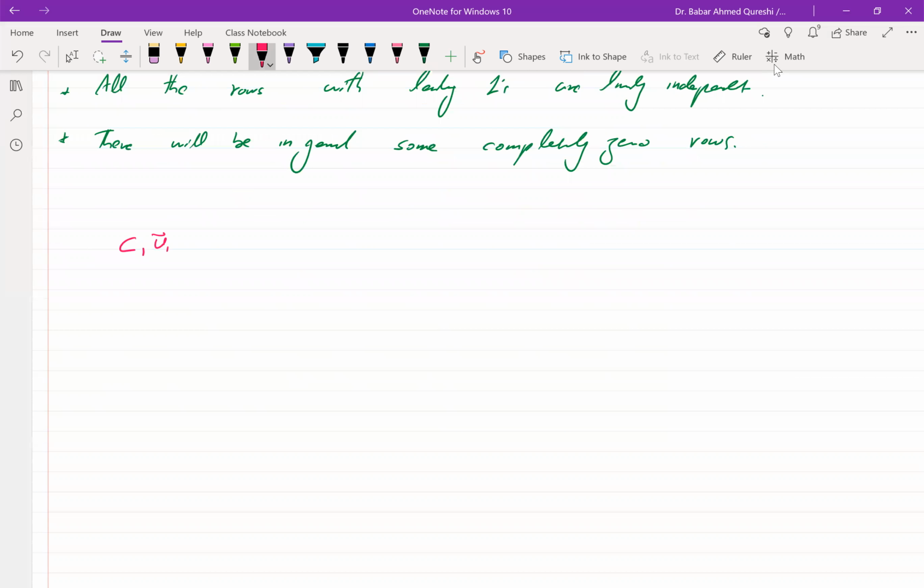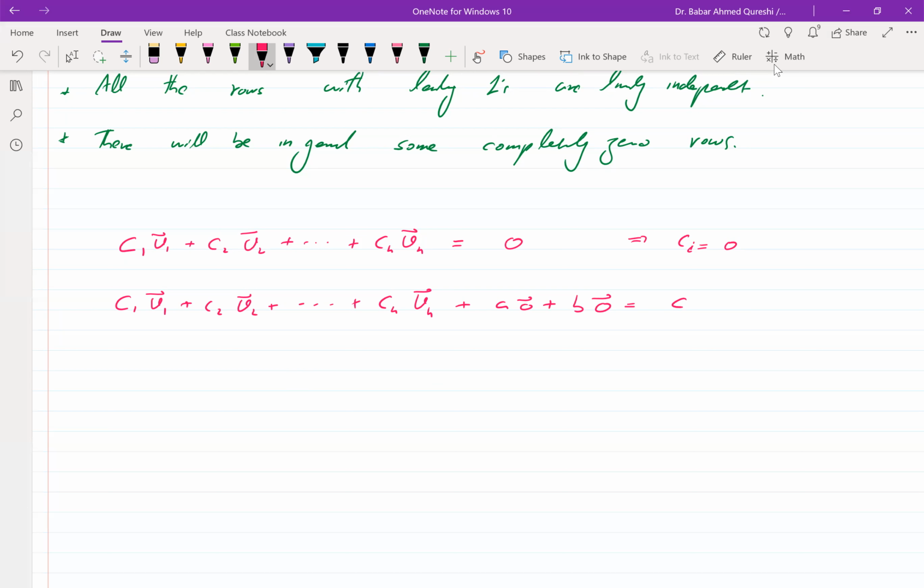So if I have these vectors V1 up to VK, and I'm spanning some space, and I know also that if I put their combination equal to 0, this implies that all these CIs are 0. Now if I add to them a couple of 0 vectors with any constant I like, this does not change the vector.